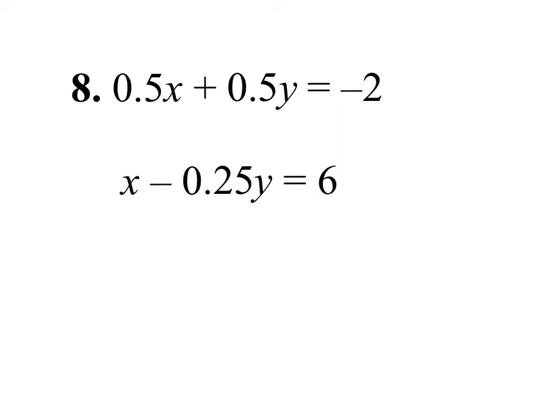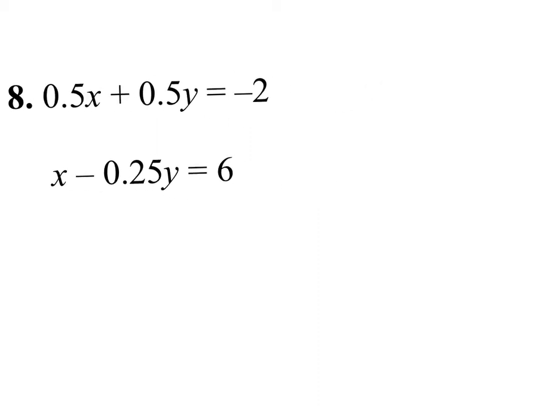The other option is to look at these decimals and understand them as fractions, okay? So instead of 0.5x, we know what 0.5 is. That simply means 1/2. So you could say 1/2 x plus 1/2 y equals negative 2. So that's one equation, but just changed from decimals to fractions.